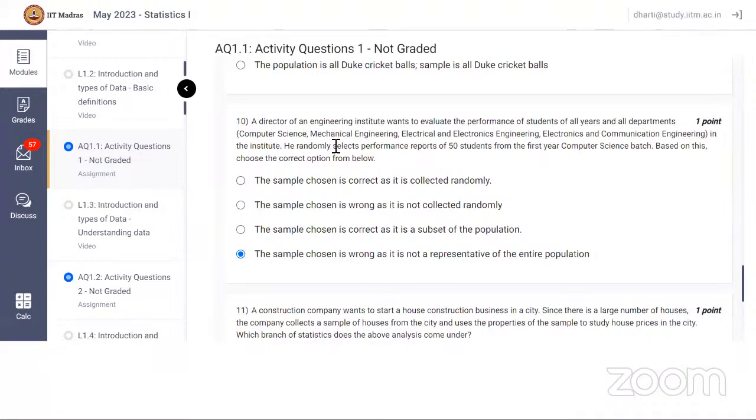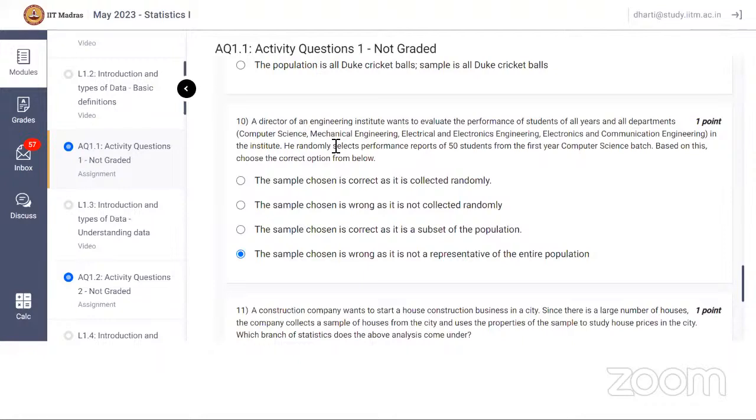When you want to evaluate the performance, one option is to calculate everything about each and every student and say something, then it will be descriptive. But this will be a time-taking procedure, right? Instead of that, you will take some 1,000 students, study them, and infer about the whole institute. That's why it is inferential.